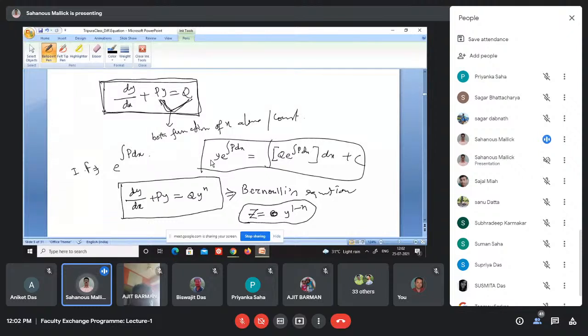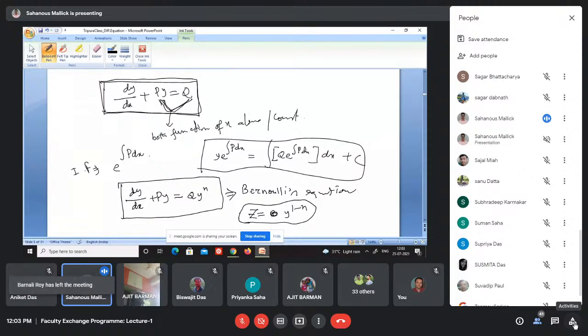It is to be remembered that if an equation is difficult to solve in the form of linear in y, we can turn this equation into linear in x. This is like this: dx/dy plus px equals q.